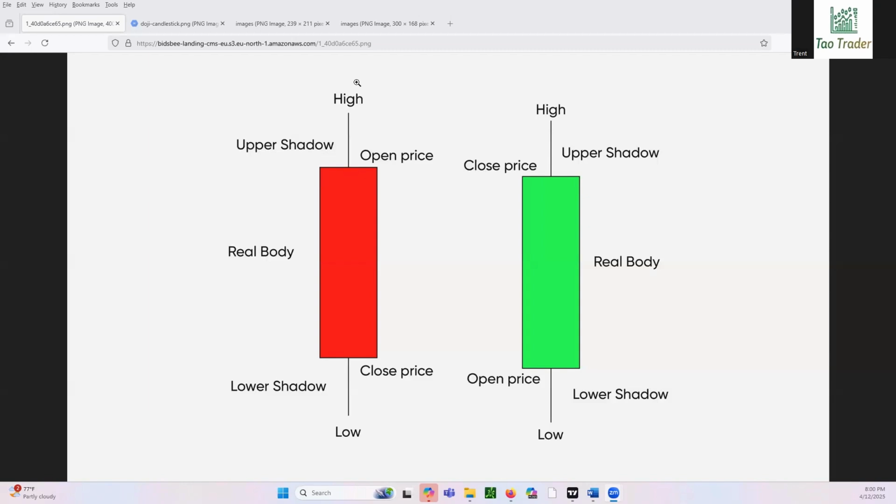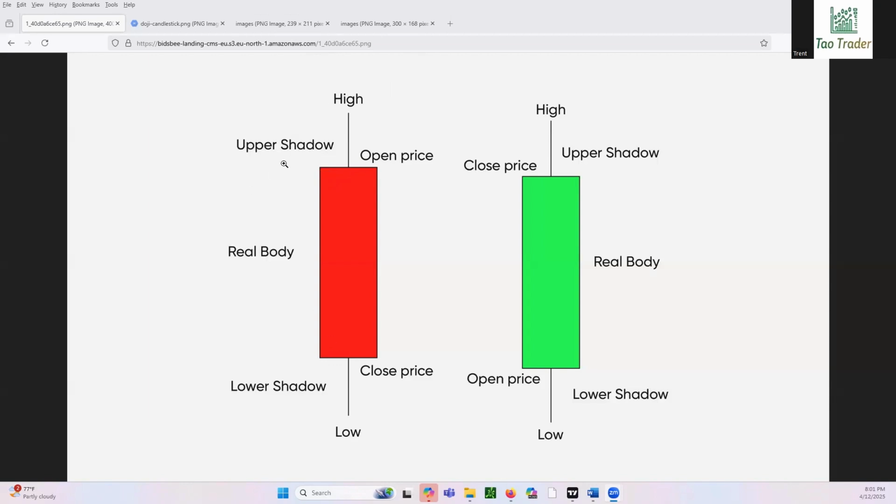All right. So over here on this first red candle, we've got the high up here and the low down here. That's the same for all types of candles. However, on a red or bearish candle, the opening price is at the top of the body and the closing price is at the bottom of the body.